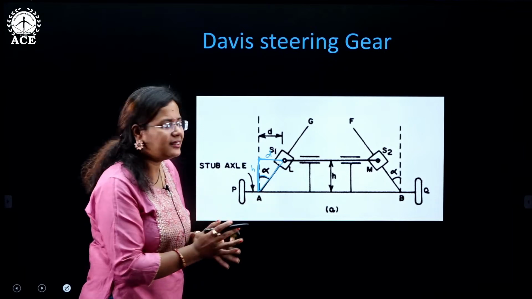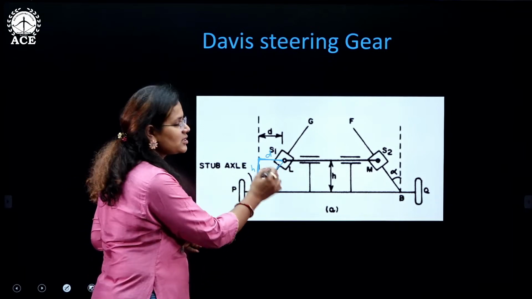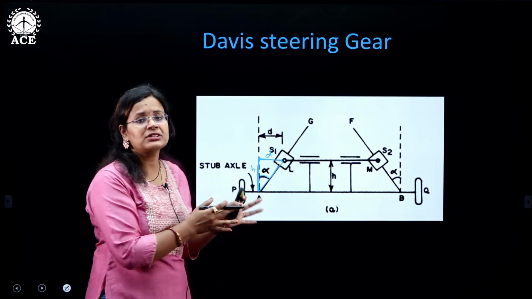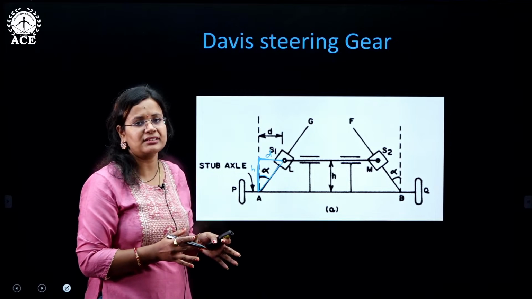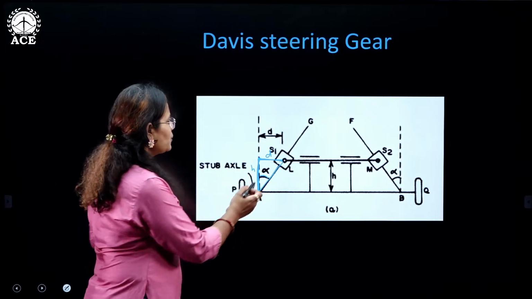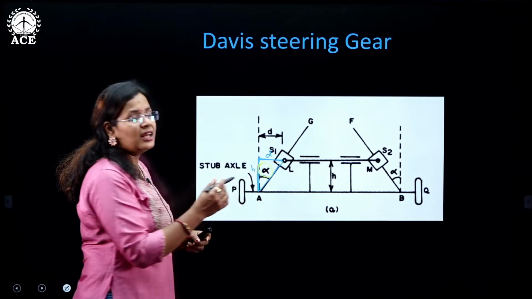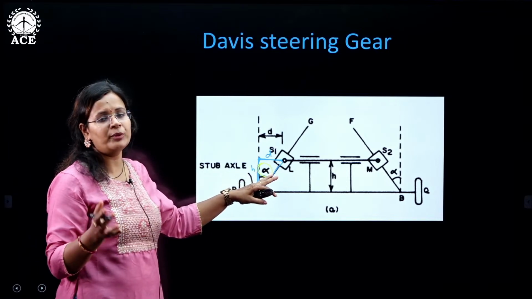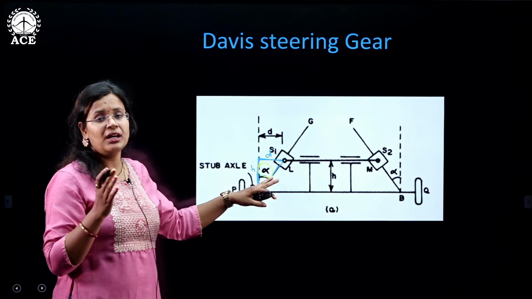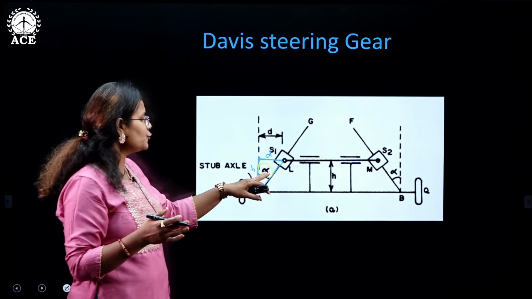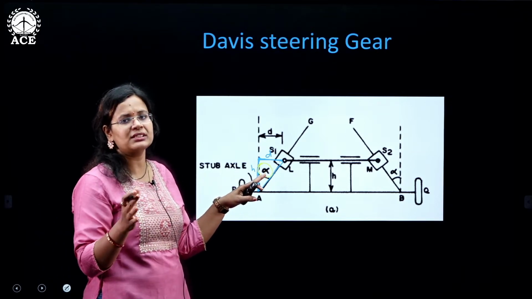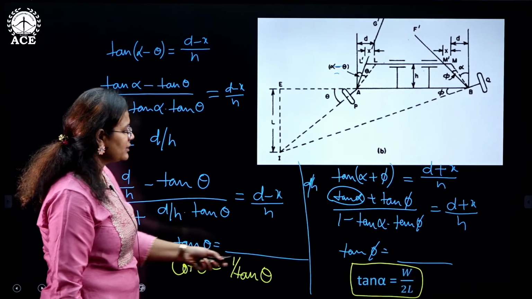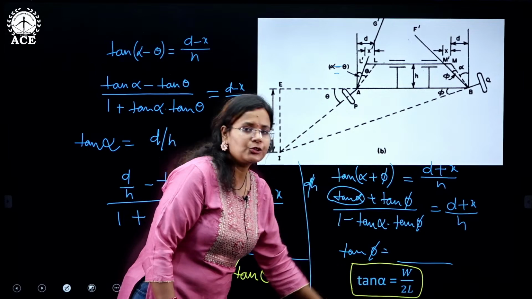At what angle these stub axles are supposed to be put so that they follow the correct steering gear mechanism condition, that is what is required to find. So this alpha is actually a design factor here. For the correct steering condition for Davis, I need to find the approximate value for alpha. That is how we found that tan alpha is equal to W by 2L.